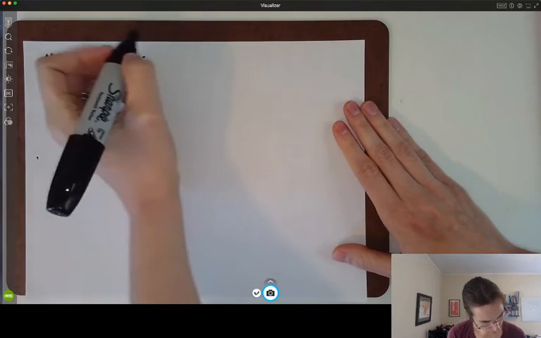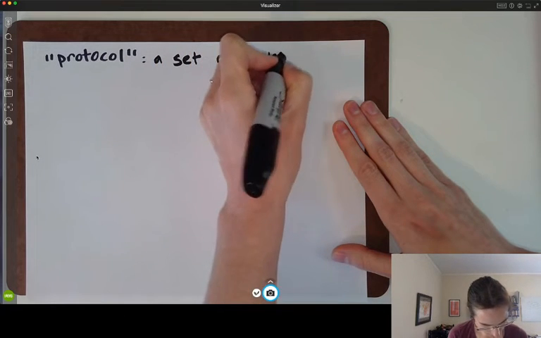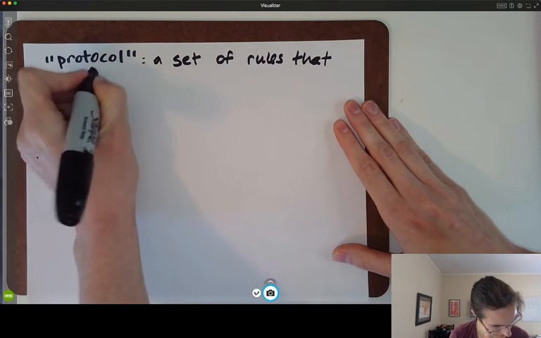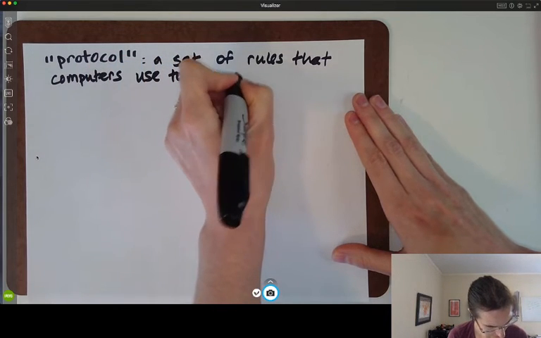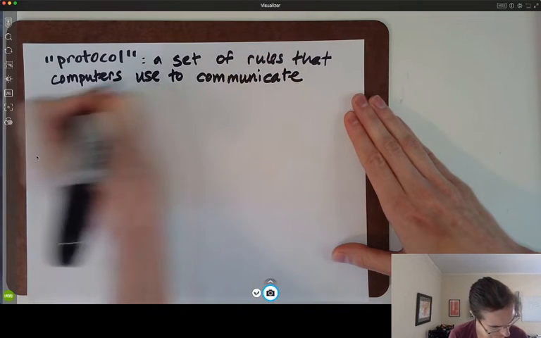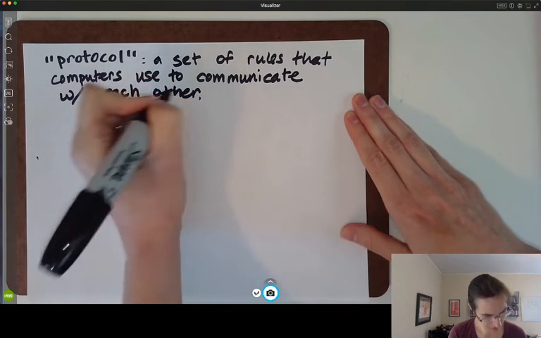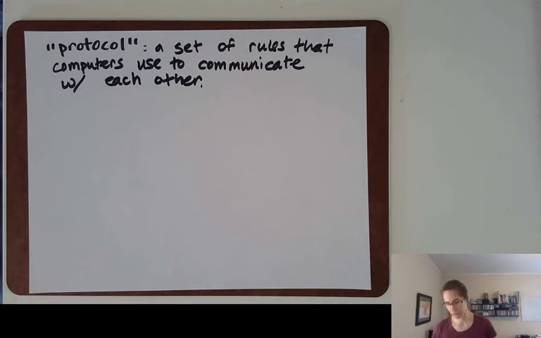We'll say a protocol is a set of rules that computers use to communicate with each other. It's not exactly a formal definition, but it'll do. In particular, it's a set of rules that can tell you what messages you're allowed to send in terms of what messages you've received.